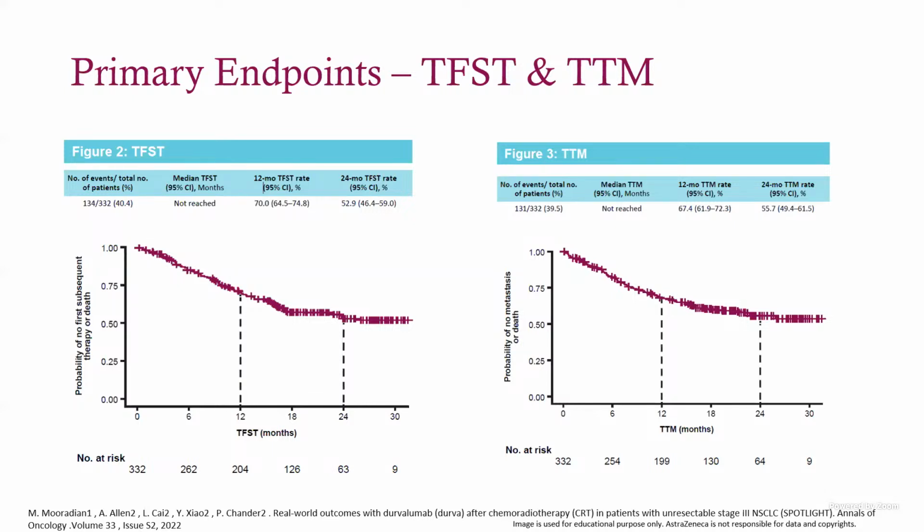Again, the median time to metastasis was not reached during the study, and almost 67% of patients had no metastasis at 12 months, and more than 50% of patients remained free of metastasis or death even at 24 months. Next slide.